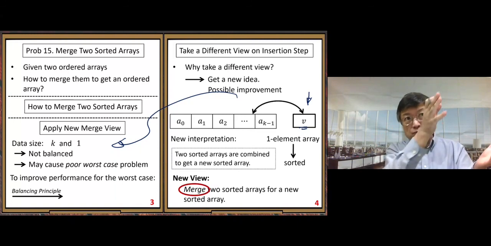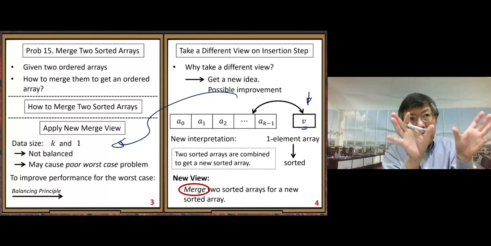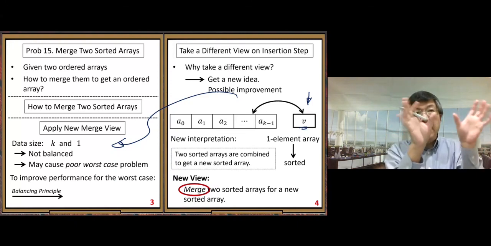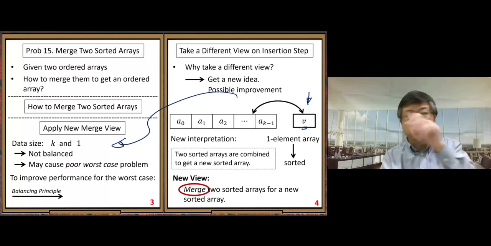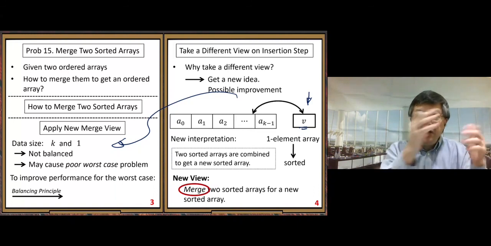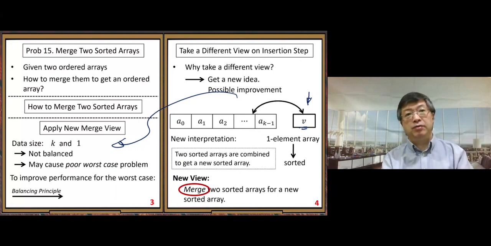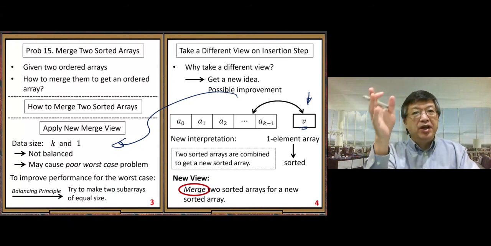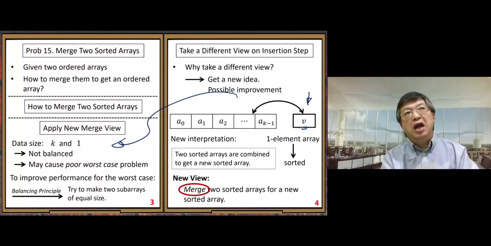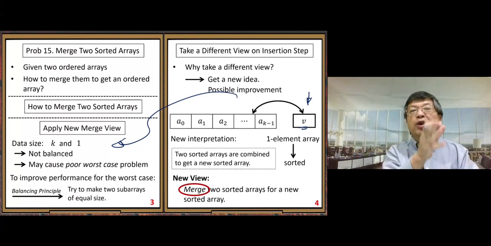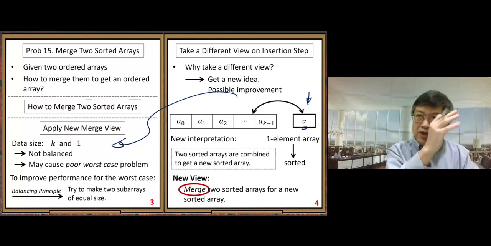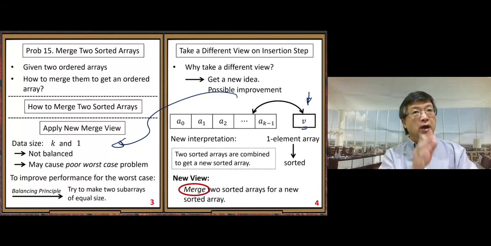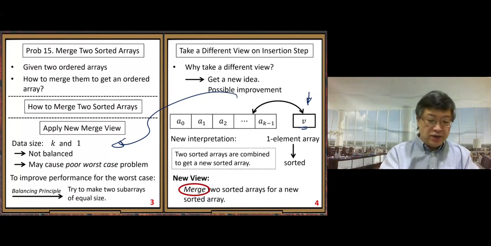We split the array right in the middle, the median, then we drop one of the two subarrays. So you can see in many places, we use this balancing principle. Try to make two subarrays of equal size, as close as possible. That's the way we do the divide step in divide and conquer. All right, that's our first introduction video. Let me stop here.